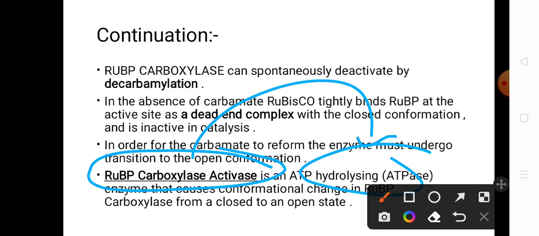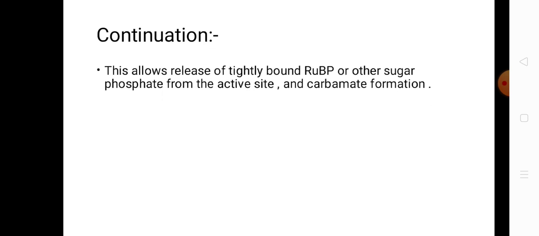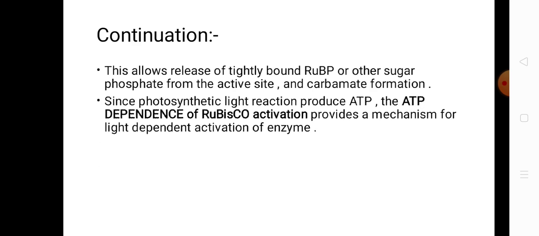RuBP carboxylase activase allows the enzyme to go back to its open state, so that the RuBP and sugar phosphates that were tightly bound at the active site can be removed and the carbamate can be reformed, right?